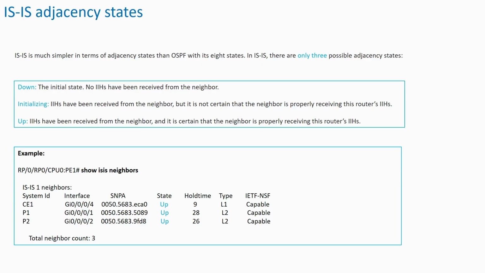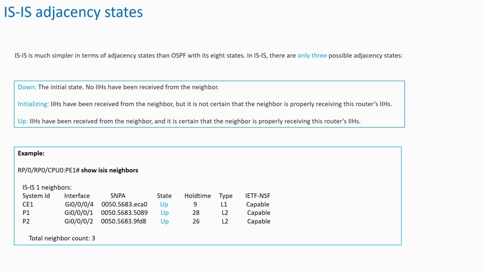The second state is initializing, or the init state. IIH or ISIS hellos have been received from the neighbor, but it is not certain that the neighbor is properly receiving this router's IIH. So a router is in the init or initializing state when it cannot verify the two-way communication with the neighbor.